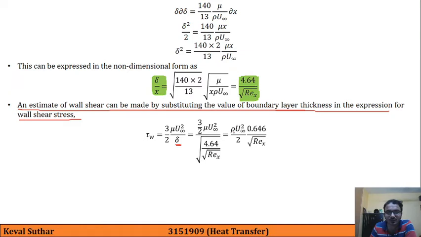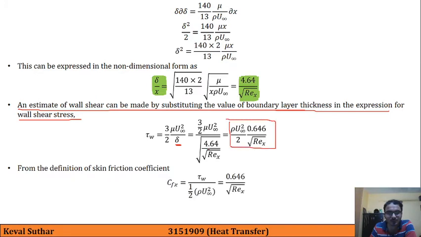So the final equation will be like this. So this is the value of tau w, and the skin friction coefficient is given by this formula. So once we put this value of tau w over here, we will be obtaining this. That is, the skin friction coefficient is given by 0.646 upon square root of Rex.